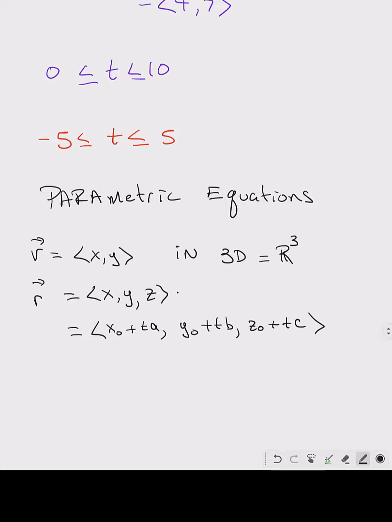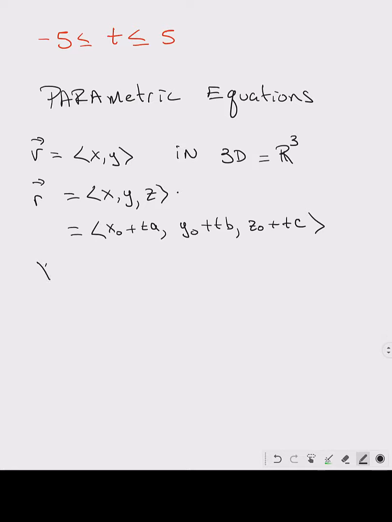We could write it that way. So really what we would be doing, x is equal to the x naught plus t times a, and y is equal to y naught plus t times b, and z is equal to z naught plus t times c.